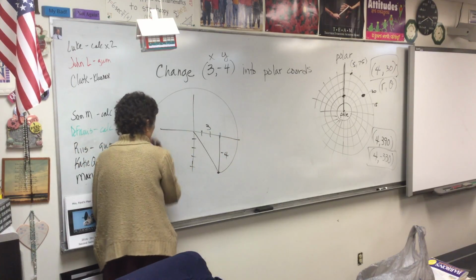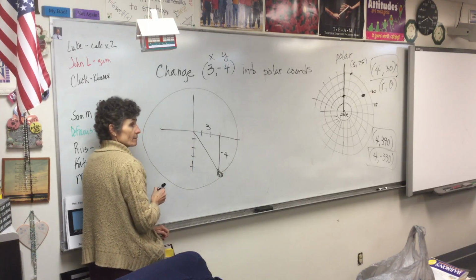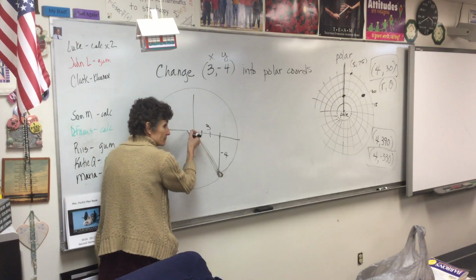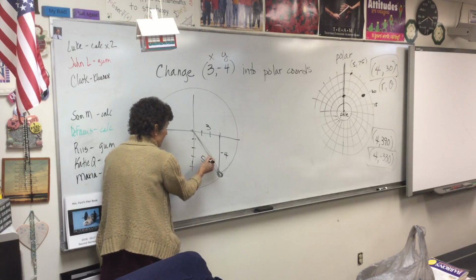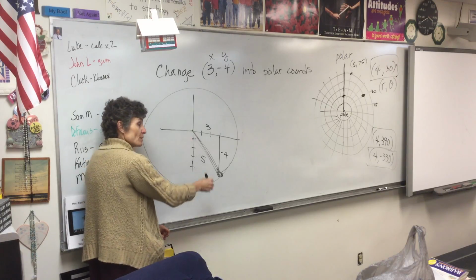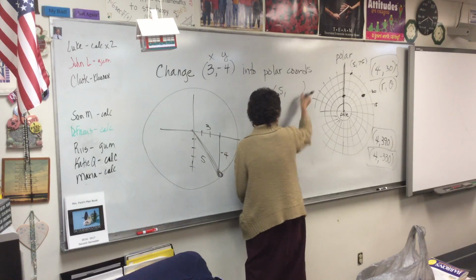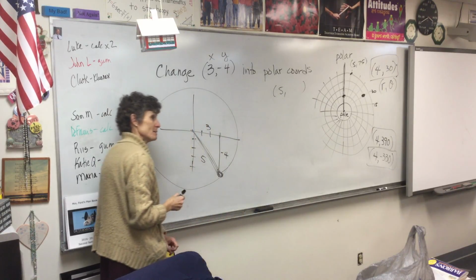Now envision this, right? Isn't this R? So it's going to be 5, right? Now I need to know, I know I'm 5 units out. I know my radius is going to be 5. Now you got to find that angle. I got to find the angle in standard position.